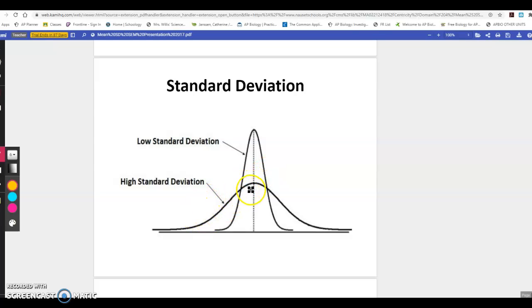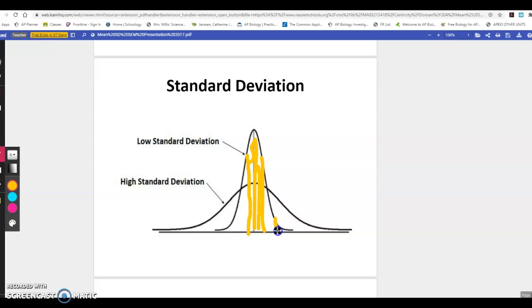If you have a high standard deviation, that's going to be nice and low like this. And we talked about how one standard deviation from the mean is what two-thirds of the people fall between. So roughly there and there. I can't draw straight lines. But this whole area in here is within one standard deviation.